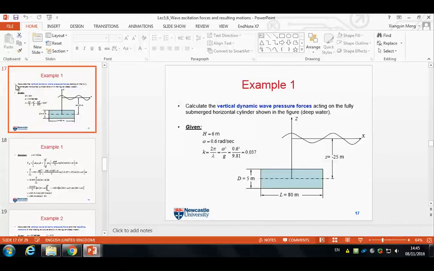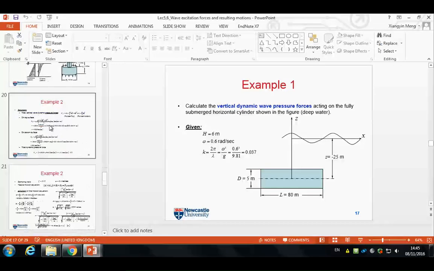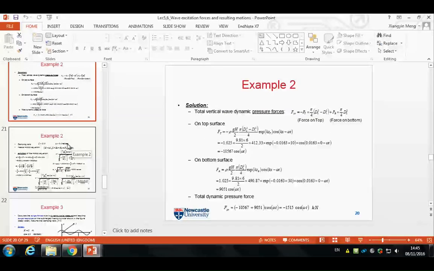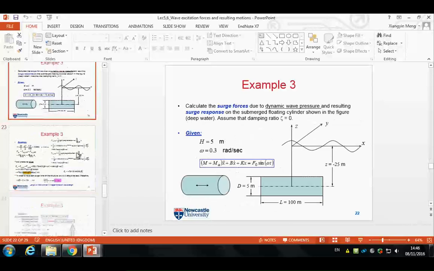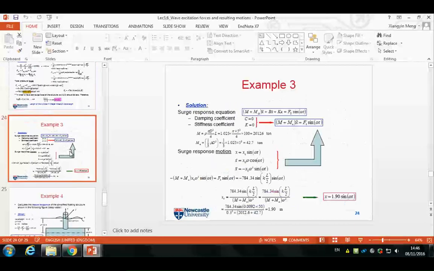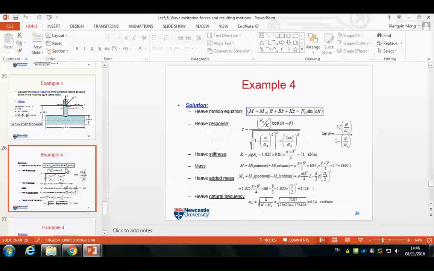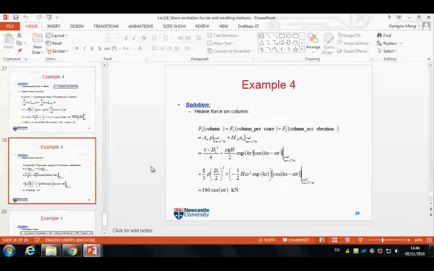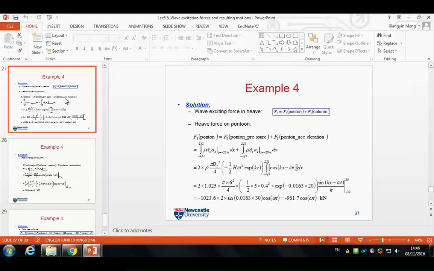Okay. Then sorry, there's an example. I was trying to get the forces on the pontoon, and acceleration. Yes. At the end of the day this is the force on the pontoon. We have pontoon pressure plus pontoon acceleration, but they are the same.